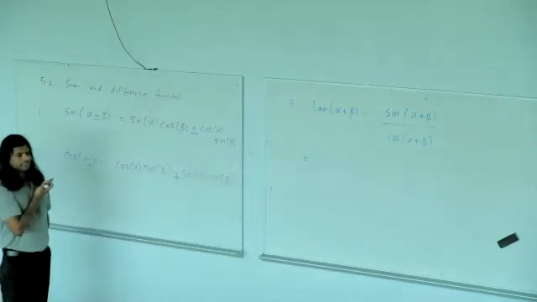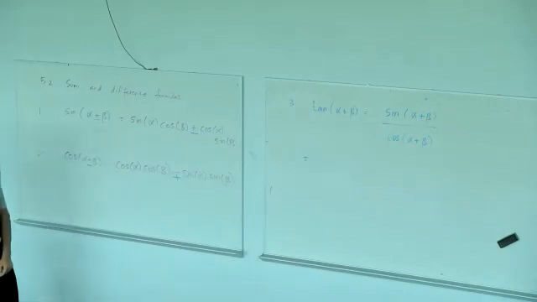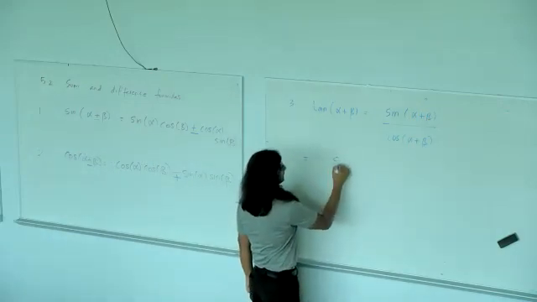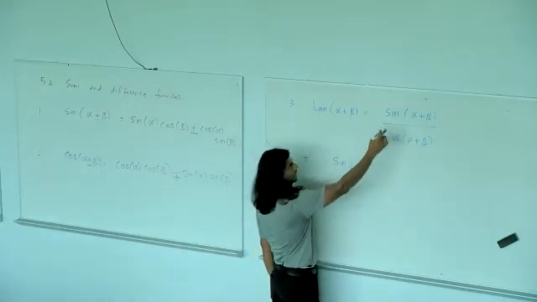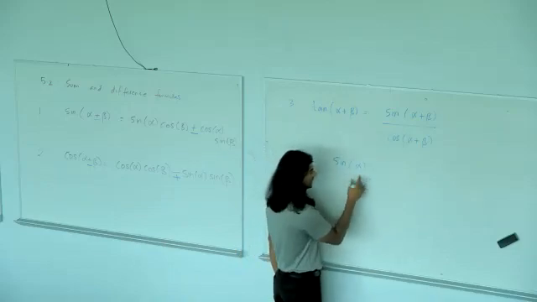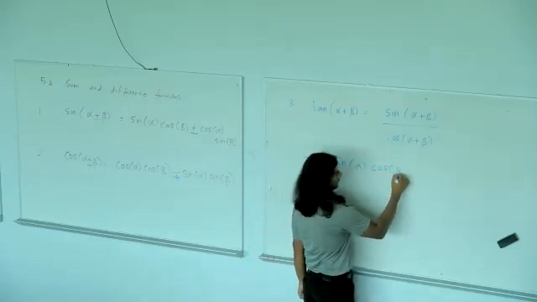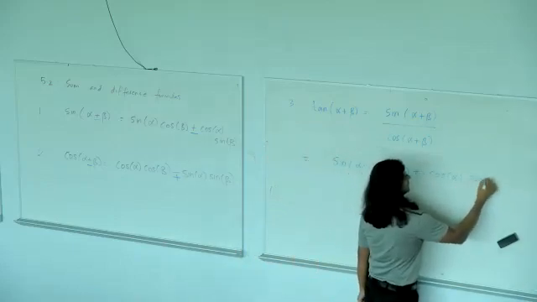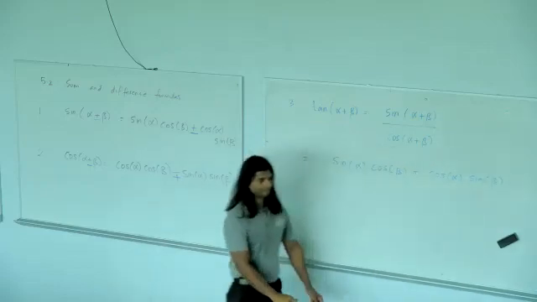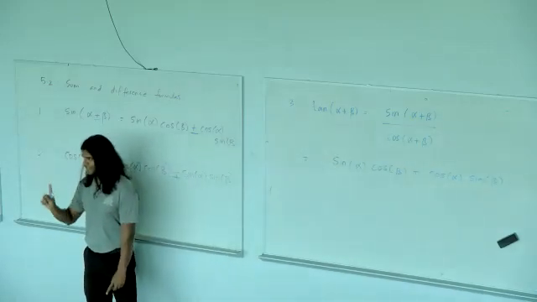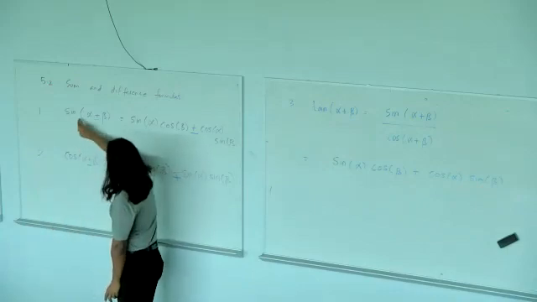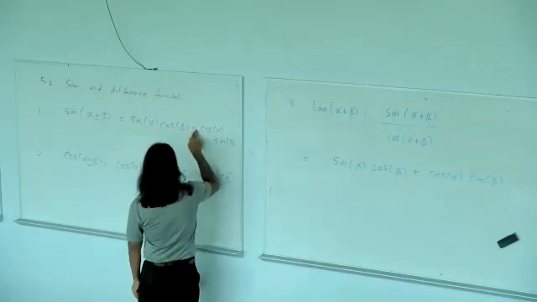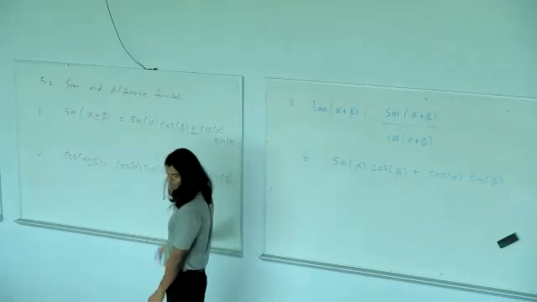I can rewrite the numerator using the first identity. Sine of alpha plus beta is sine alpha cosine beta plus cosine alpha sine beta.